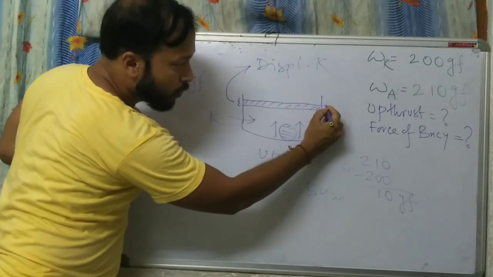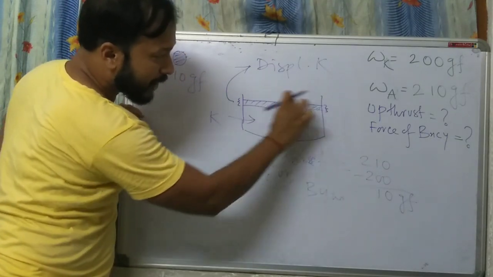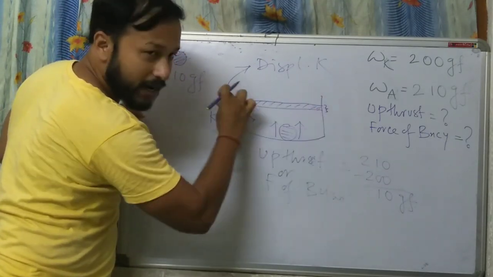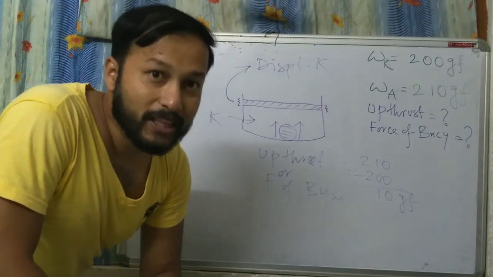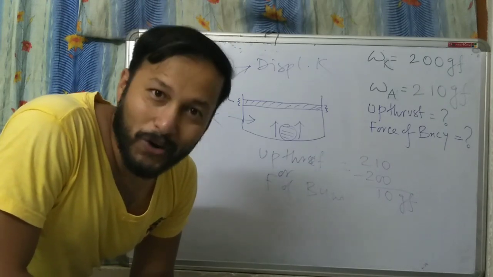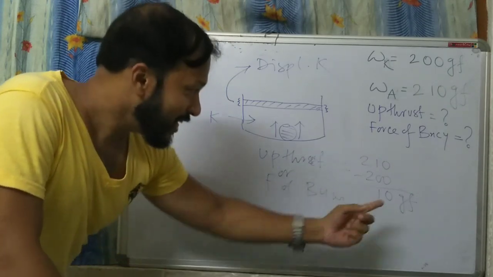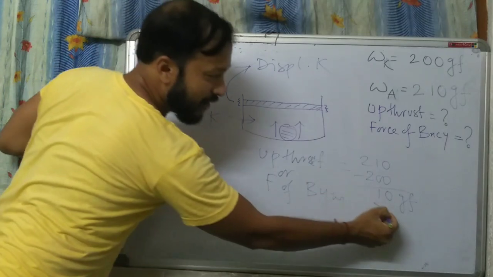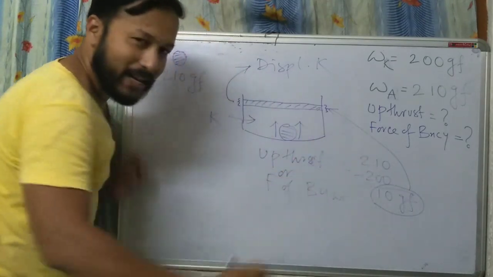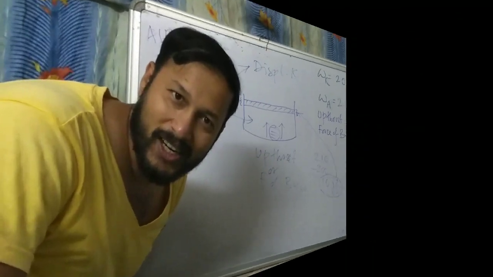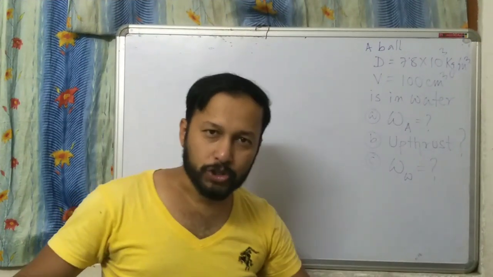The weight of this much kerosene is the force of buoyancy. What is the force of buoyancy? 10 gf. So 10 gf is the weight of the displaced kerosene. Got it? See the next question.